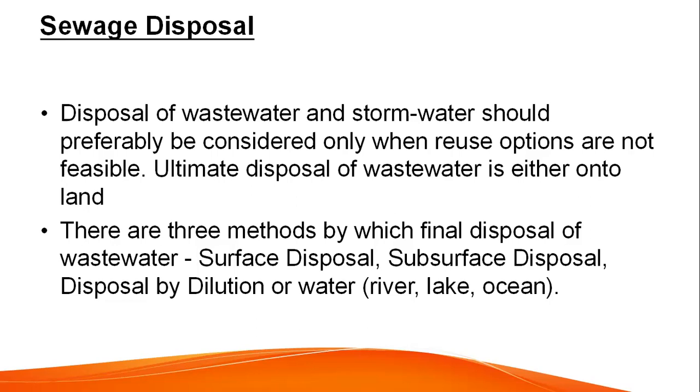The last is the disposal by dilution or water. River, lake, ocean are included in this. Disposal by dilution is the simplest method of discharging wastewater into a surface water such as a river, lake, ocean, estuaries, or wetlands. The degree of pollution depends on the dilution, volume, and composition of the wastewater as compared to the volume.